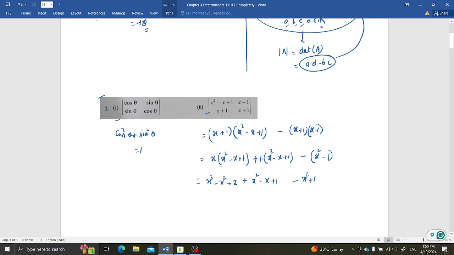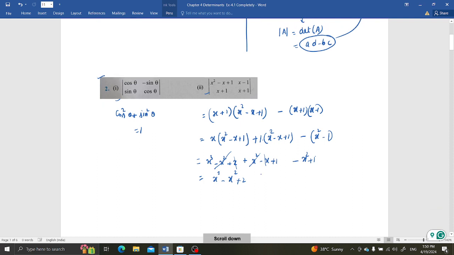So x cube minus x square plus x, and here we have x square minus x plus 1, minus x plus 1. Here we can observe that x square cancels and x cancels. So what we get is x cube minus x square plus 2. I hope you understand how we can solve the determinant of 2 cross 2.